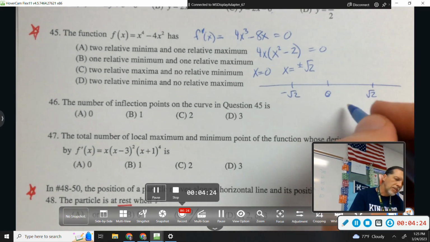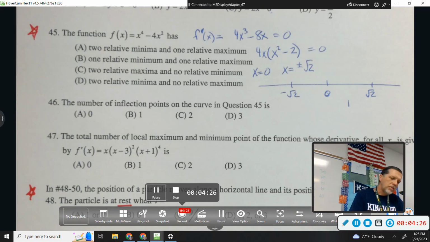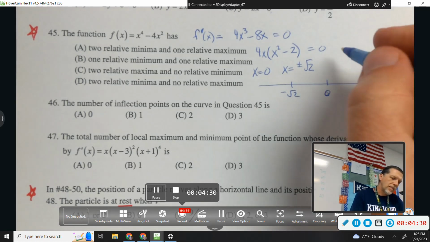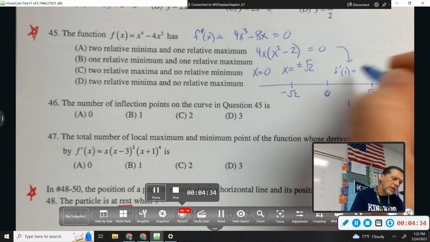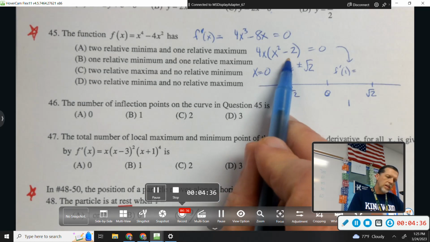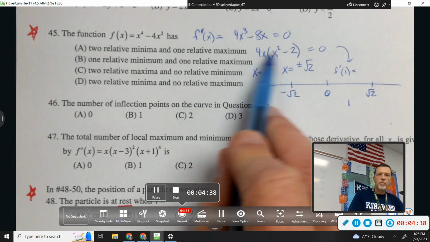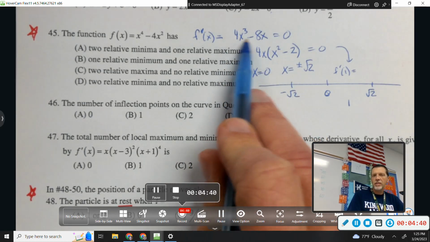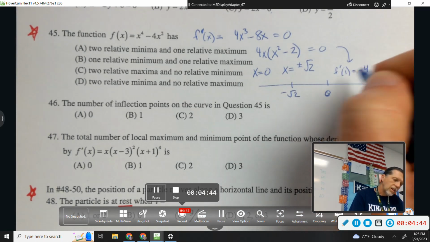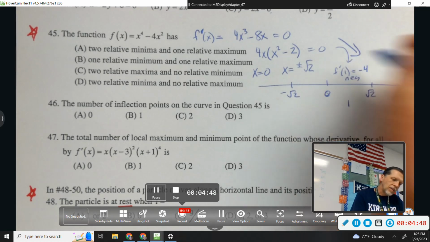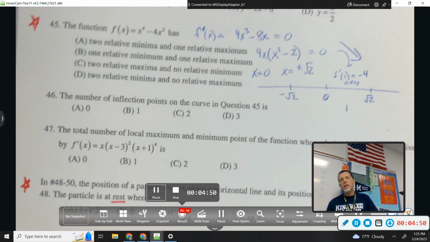I think I would just test 1 if I really wanted to be simple about things. So f prime at 1 is negative. In the factored form or in the top form, it's negative. So that means that it is decreasing from 0 to root 2.